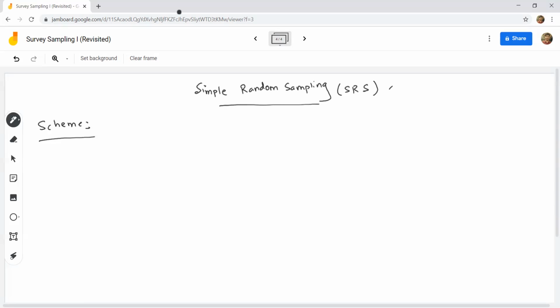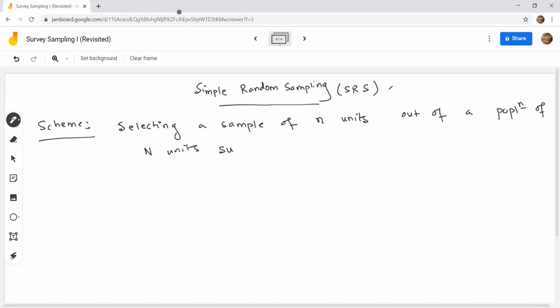First of all, we are interested in selecting a sample of small n units out of a population of say capital N units, such that there is a catch here: each unit has an equal chance of being chosen.